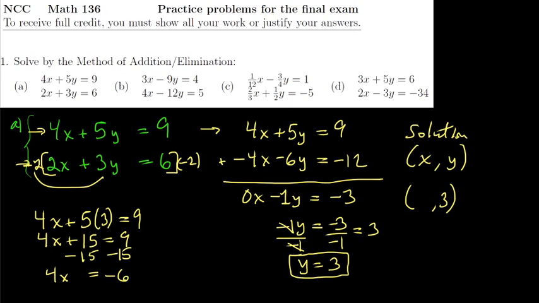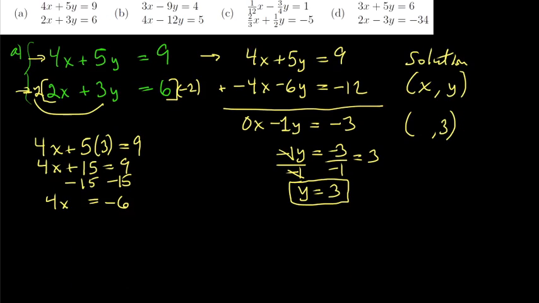I think that's right, yeah. And now just divide by the 4. So that cancels the 4. X is going to be negative 6 over 4, which reduces to negative 3 over 2. Okay, so that's x. This is y.